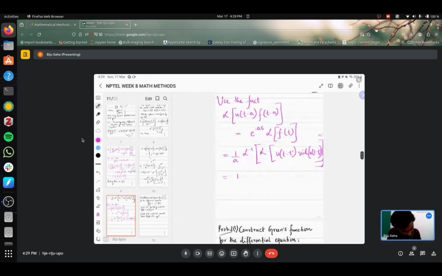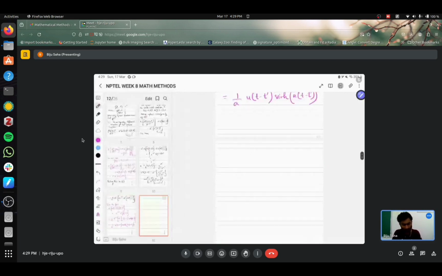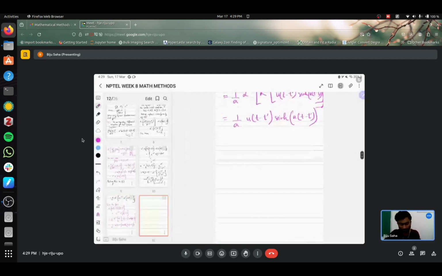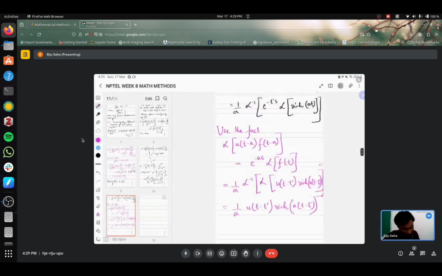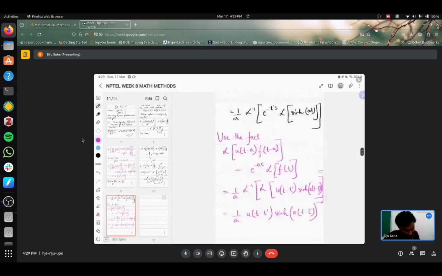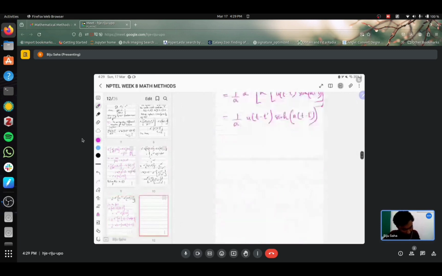this is what the inverse Laplace transform looks like.